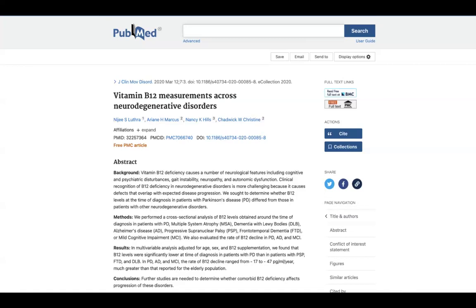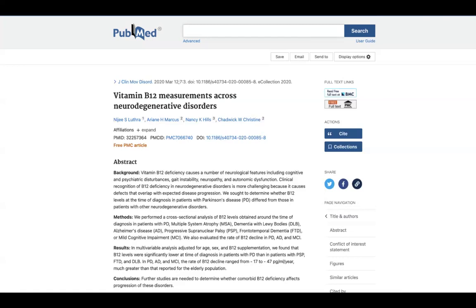The study found that vitamin B12 levels were significantly lower at the time of diagnosis in patients with Parkinson's versus other neurodegenerative diseases. This proves that vitamin B12 deficiency is linked to Parkinson's disease progression.